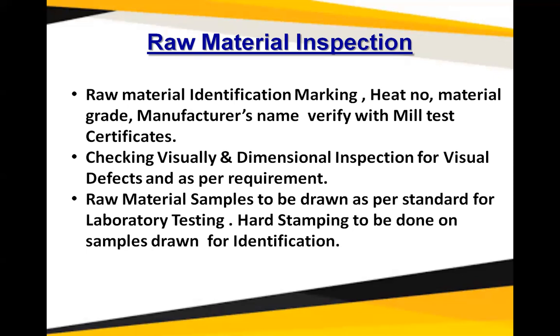Then we will see how the raw material samples are drawn. Once you are satisfied with the visual and dimensional inspection, then you have to not only rely on the MTC. Physically, you have to take out samples from the raw material. As per the standards given, you have to mark and cut that raw material and put your hard stamping on that, so that the same hard-stamped raw material sample will go to the standard NABL laboratory.